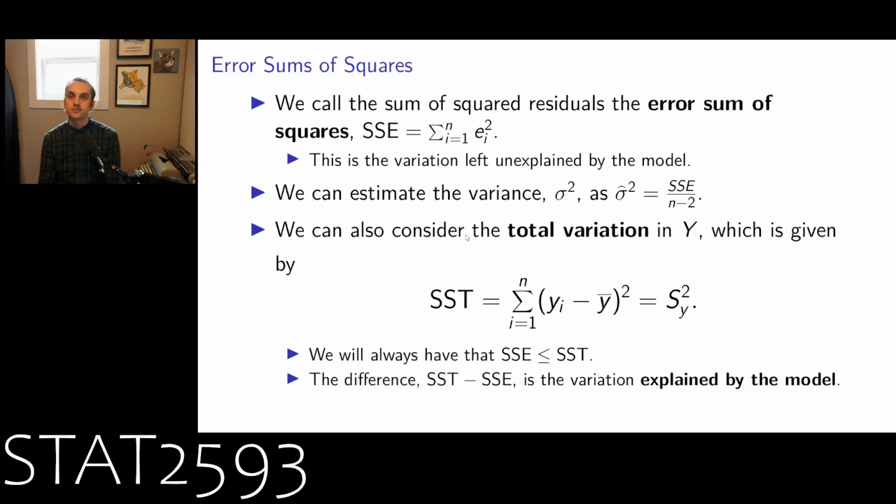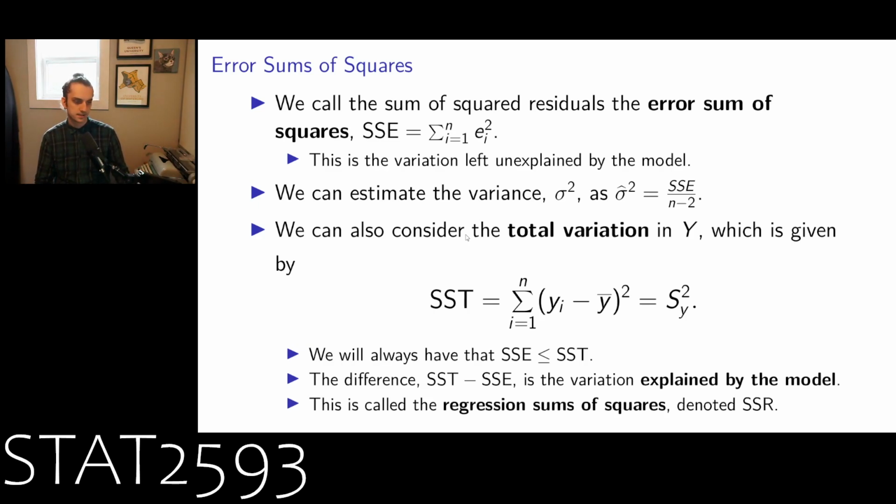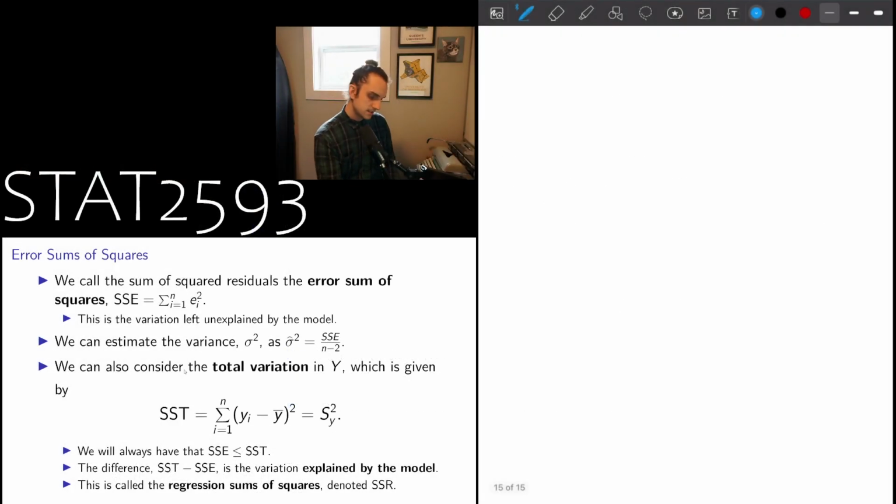If we take the difference between SST and SSE, that's how much variation is captured by the model. That's how much of the variance in our outcome is explained by the linear regression model that we fit. We call that the regression sum of squares, SSR. So essentially we have three sources of variation.